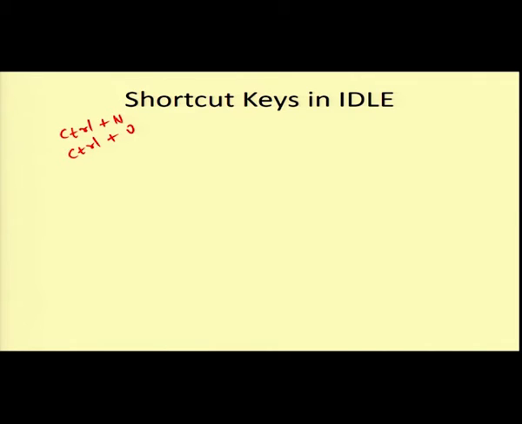When you have 2 or 3 codes which are embedded together, we call it a module. And in order to open the module, the shortcut key used is Alt plus M.